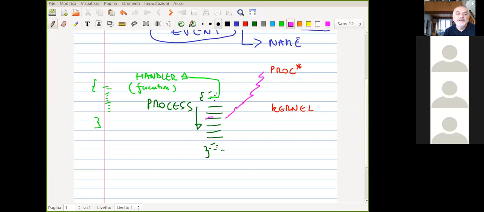Suppose that the process is executing this line of code. The semantics is very similar to any interrupt at low level, a hardware interrupt. So the execution of the process is suspended and the return point is stored on the stack, so the process can be resumed.